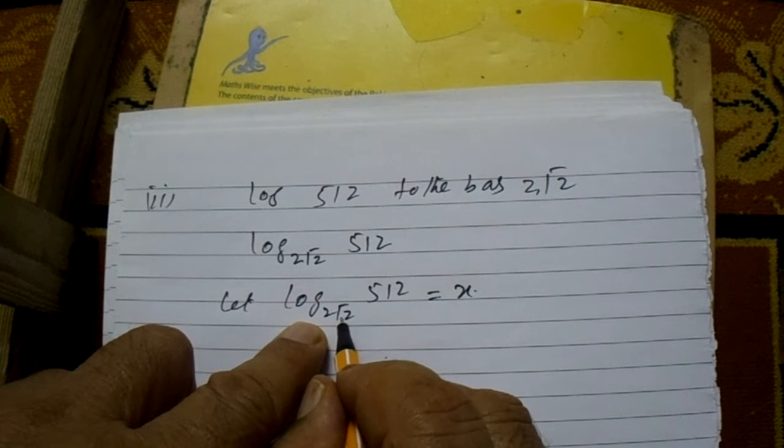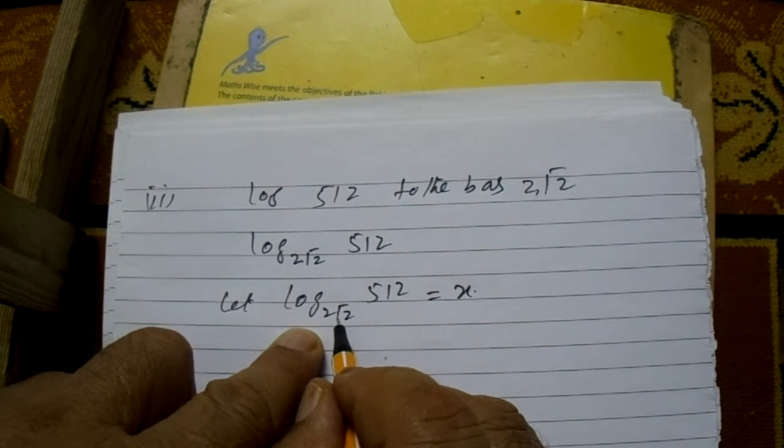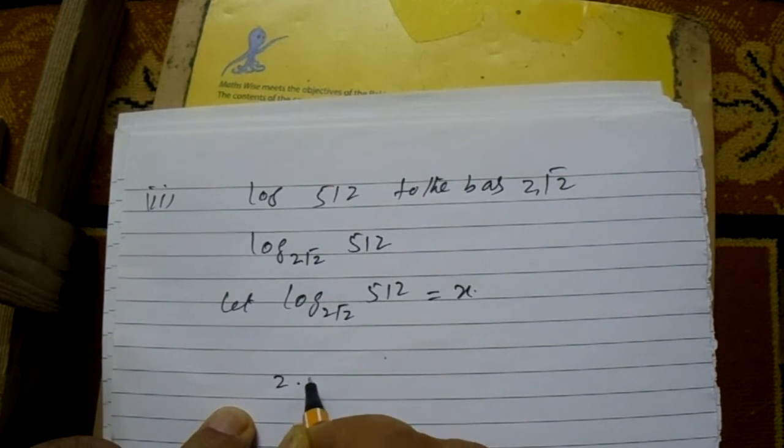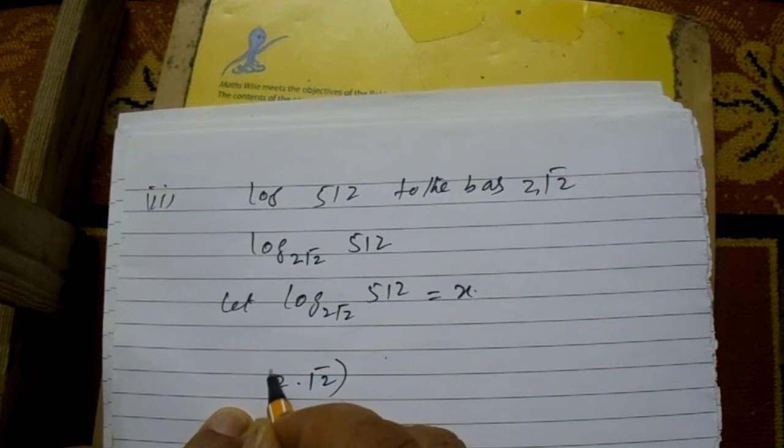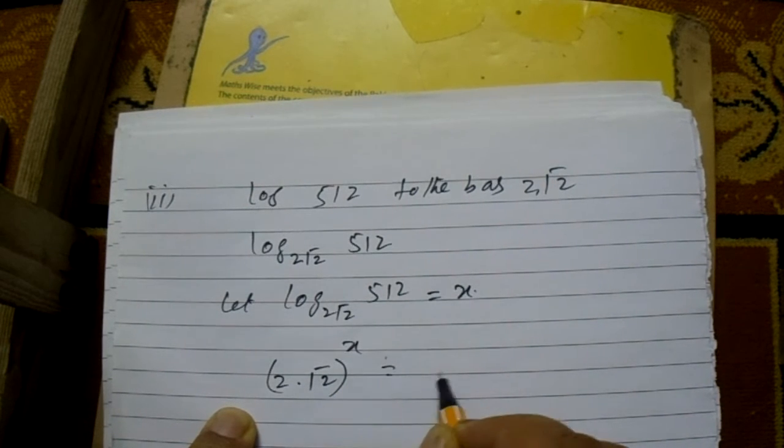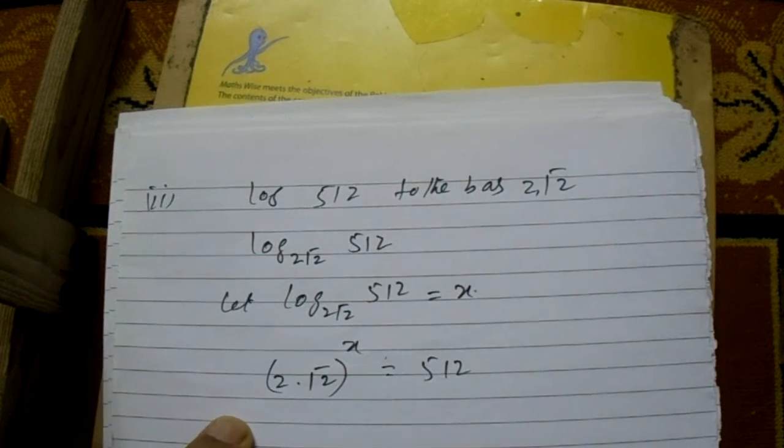You write it in this form. Let log 512 to the base 2 under root 2 be equal to x. Now this is the base, and this x will be the power of this base. 2 into under root 2, power x is equal to 512.